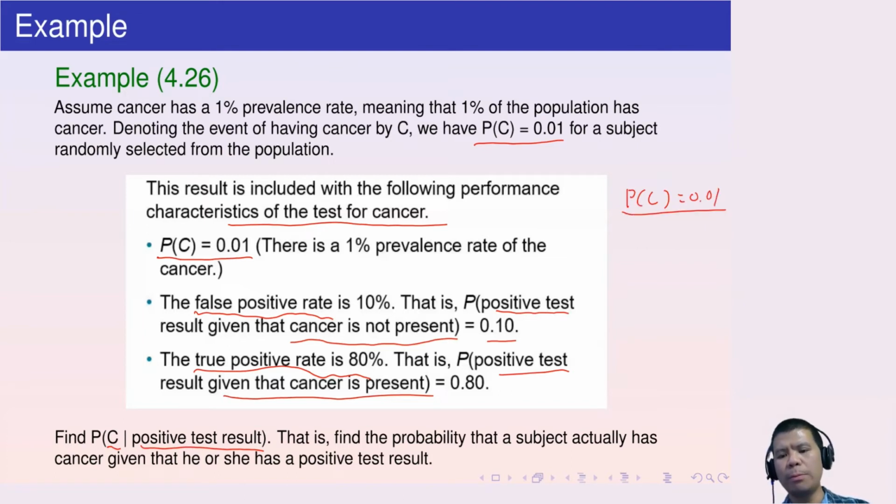This is the prior probability. And what we want to find is the probability of C given a positive test result, right? So the positive test result is some additional information. And then this conditional probability is the posterior probability, okay?